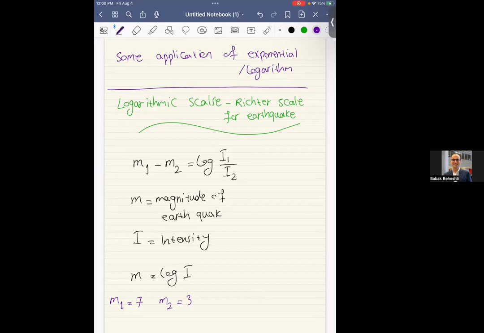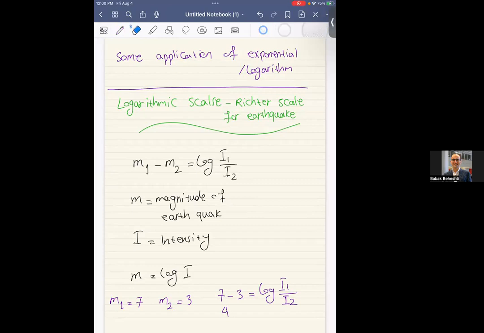No, I'm talking about intensity. So remember that if M1 equals 7 and M2 equals 3, then you have 7 minus 3, which is 4, equal to log of I1 over I2, right? Now the left-hand side is 4.